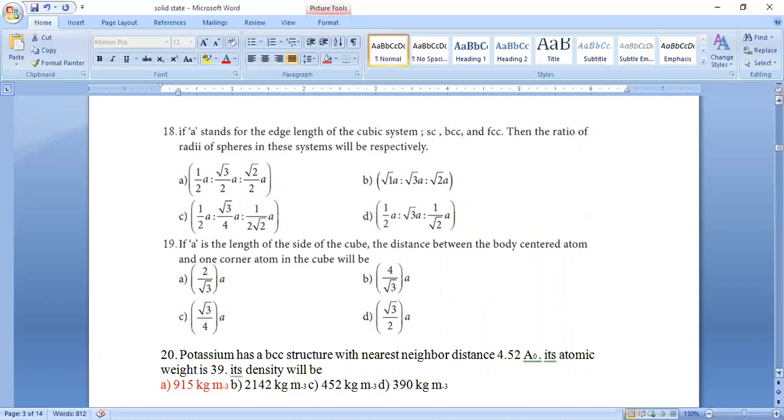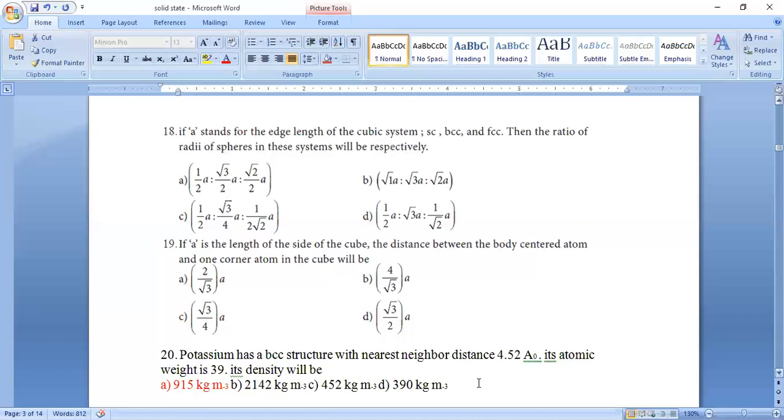So for FCC, the formula is 4R equal to root 2 into A. So R equal to root 2 into A divided by 4, which is A by 2 into root 2. So what answer we are getting? The option is C, 1 by 2 A, root 3 by 4 A is to 1 by 2 into root 2 A. So option C is the correct answer.